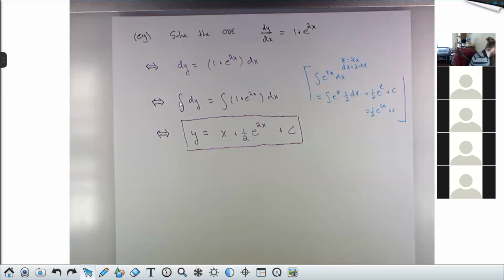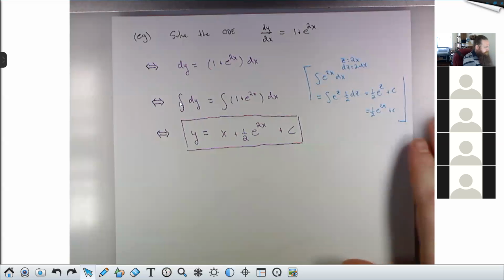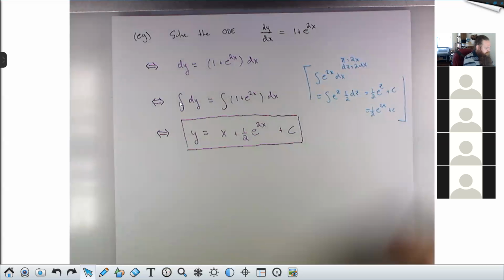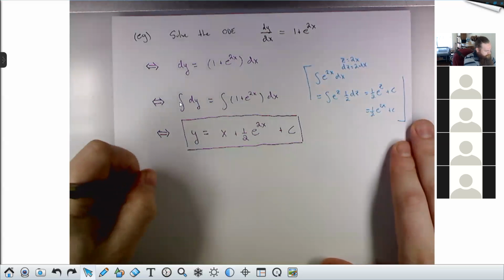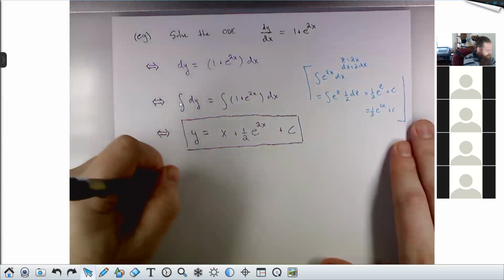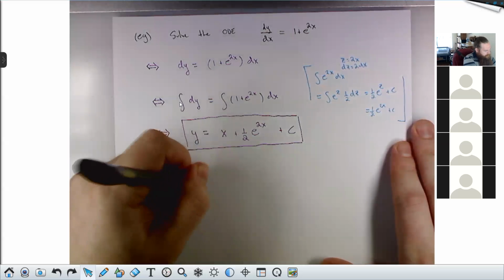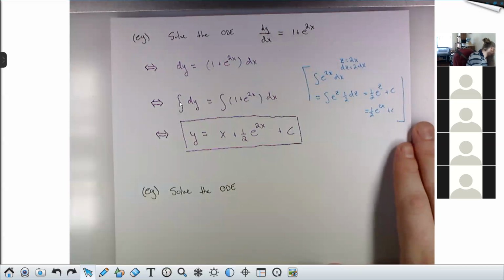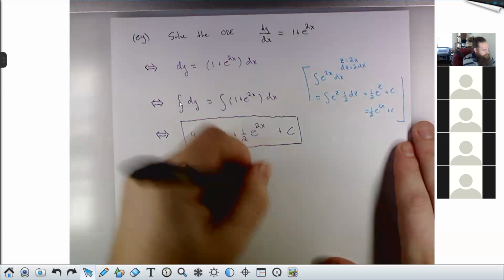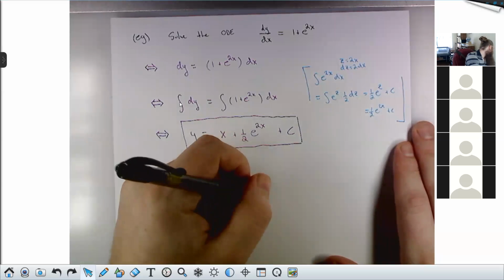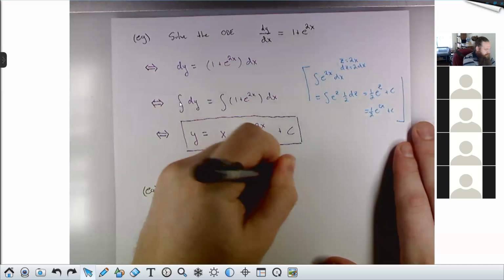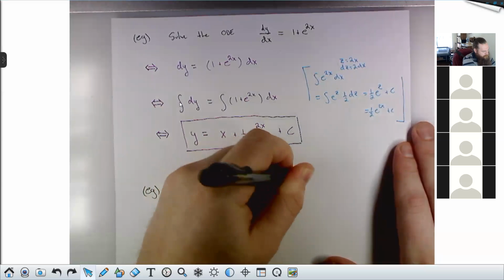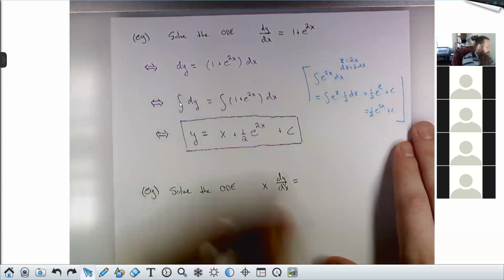We can go for something like, that looks good. Equals 4y.